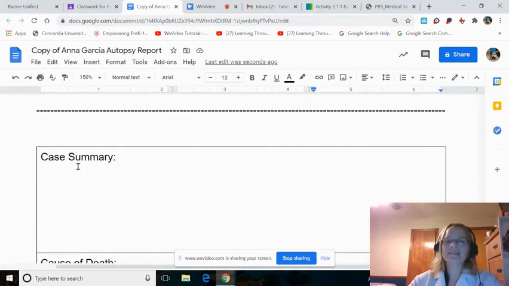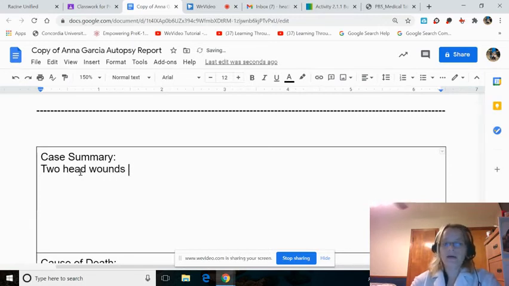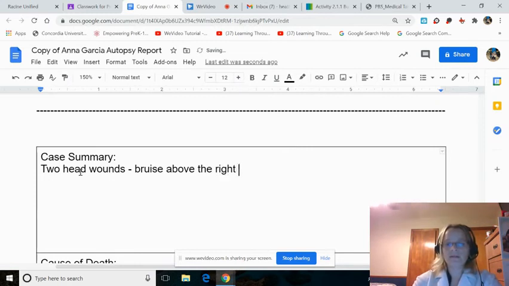Next, we go to case summary. So here we go. 2 head wounds. The bruise above the eyebrow appears to have caused TBI.